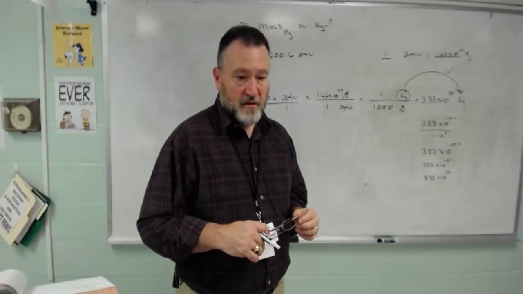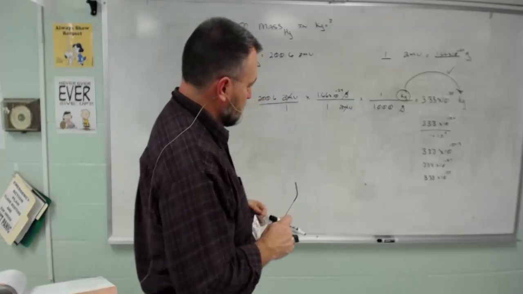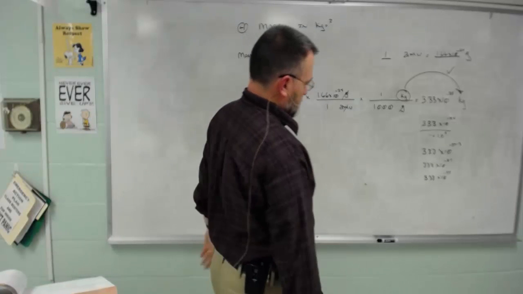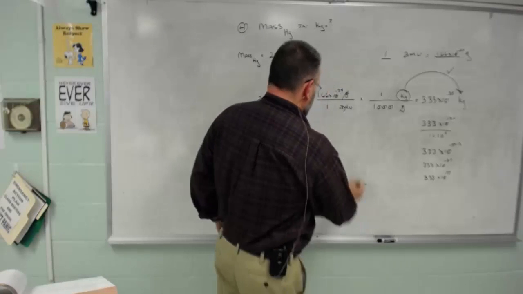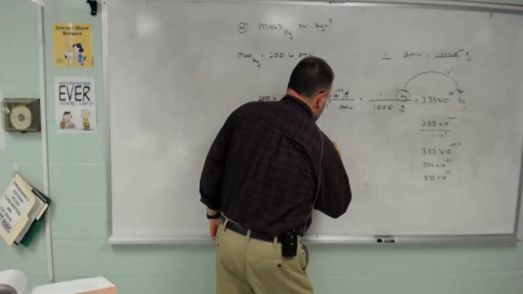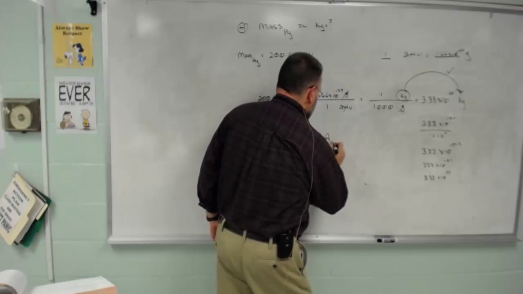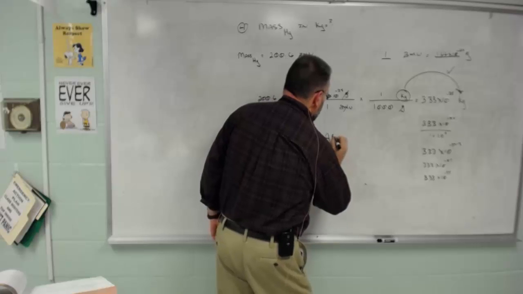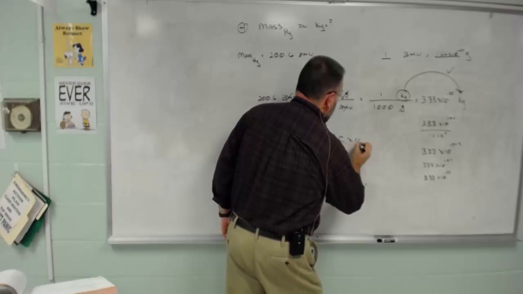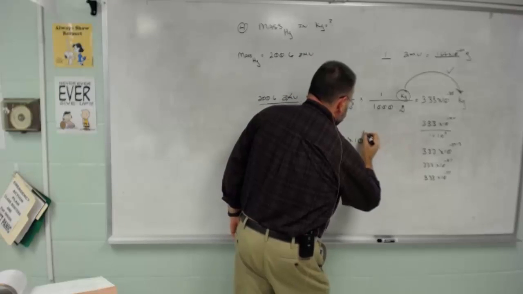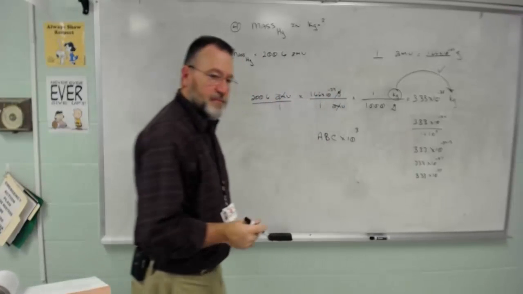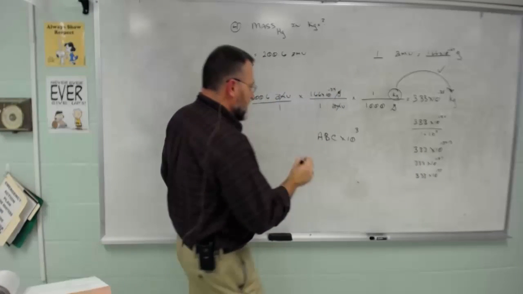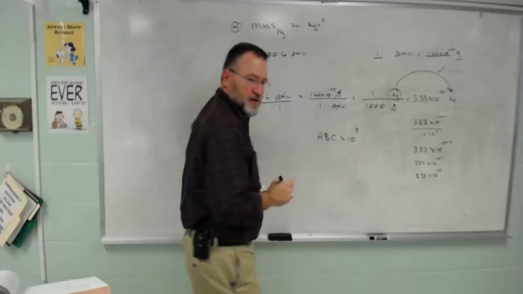Okay, yes, sir. So which direction do you move in the decimal to make it subtract or add? When you have, let's say you have a number that's ABC times 10 to the third, okay? Let's say it's in that form. The implied decimal place is right here. You agree?